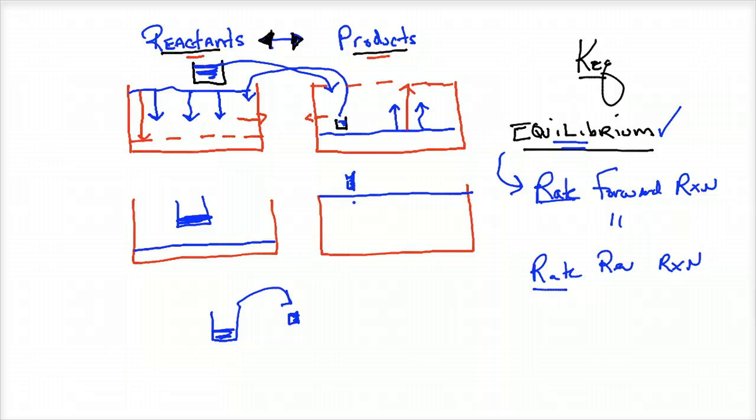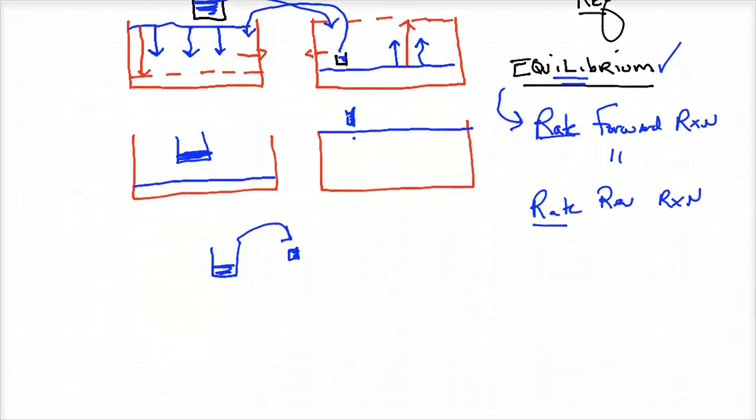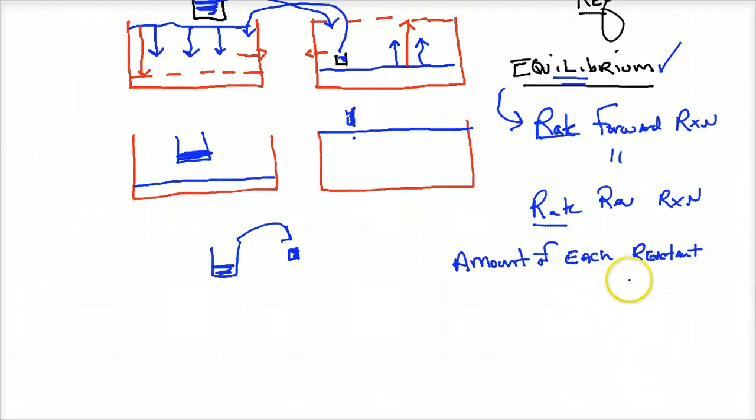And something special happens at equilibrium. At equilibrium, because the rates are equal, the amounts, and this is very important, the amount of each reactant and product stay the same or stay constant.